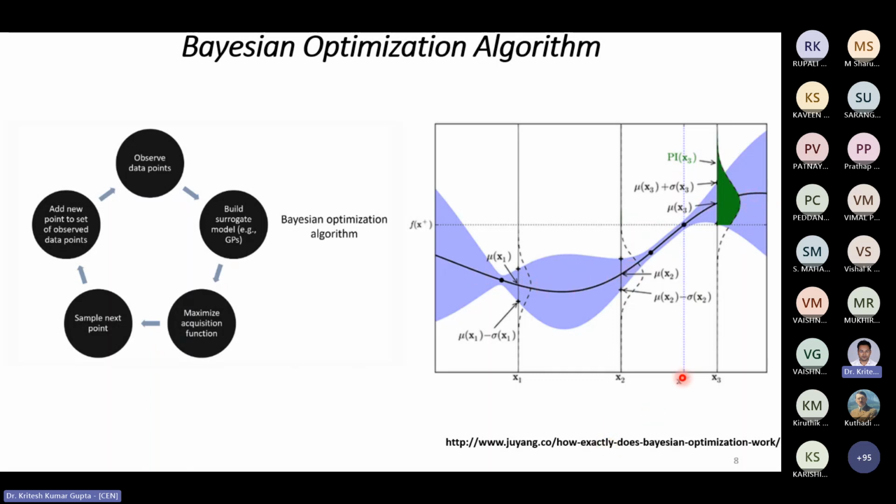Now, if we want to have a threshold, as we have seen with this mean, there has to be a threshold on this mean. Okay. So based on the mean available, whatever functions we have, we will find the mean of that function, and that can be described with this x plus, the new sample or the new point where we need to explore. Okay. So now this new point x plus is given by this black dot, and the corresponding function value of this x plus is given as f of x plus. Okay.